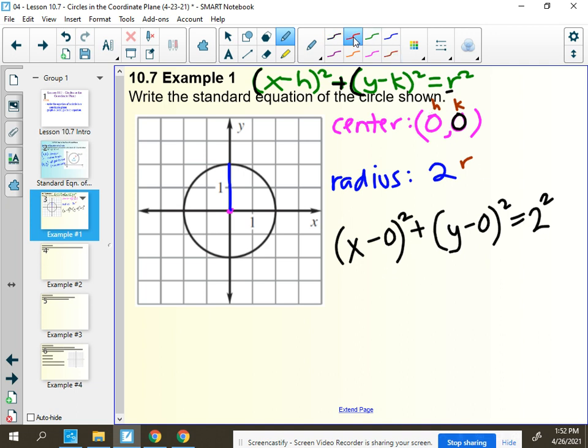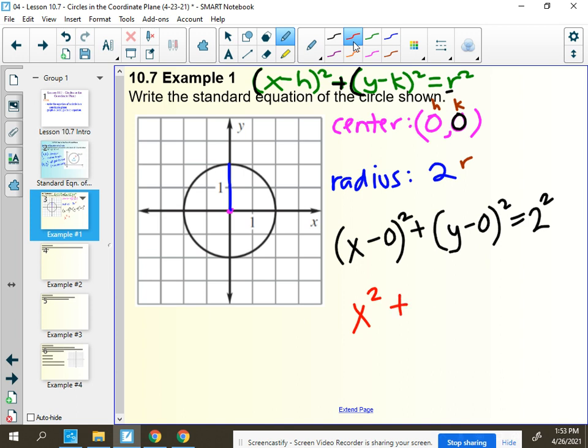The only thing I'll ask you to do here is simplify where possible. So this one, actually, all 3 examples have something that should be simplified. This is the one time. Anytime it's x minus 0 or y minus 0, we can do that, right? x minus 0 is just x. x take away nothing stays at x. So that part gets simplified to just x squared.